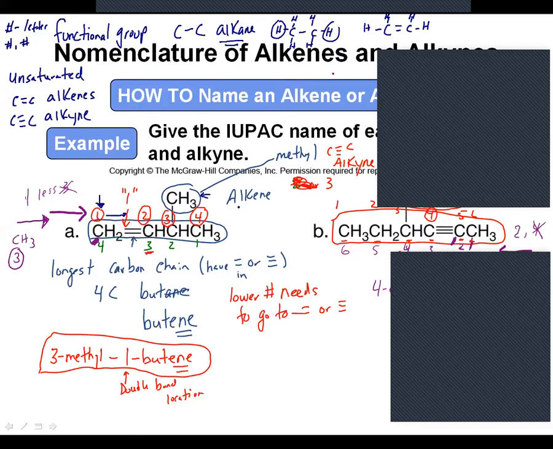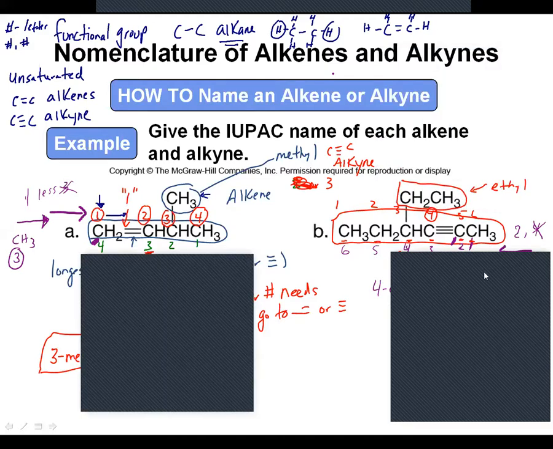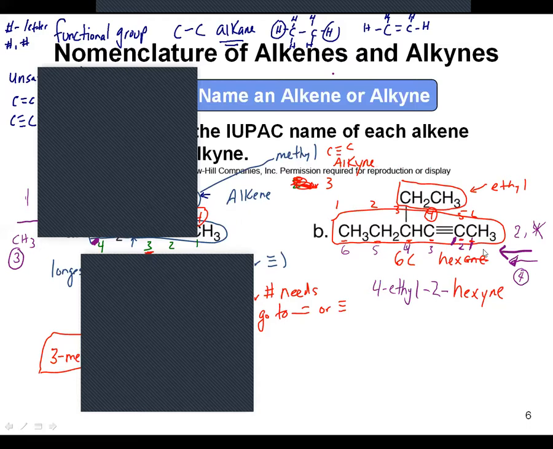So once you lock in the numbering, you can't change it for anything else that's there. You have to stick with that numbering, and all the other groups that are attached would be numbered accordingly. When we look at our guy on the right here, same thing. If we go left to right, our triple bond ends up at carbon 1, 2, 3, and 4.